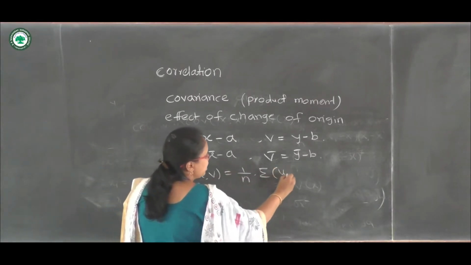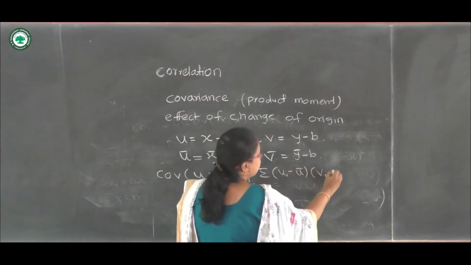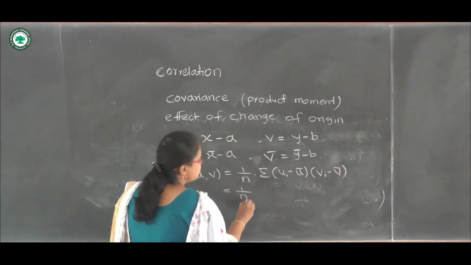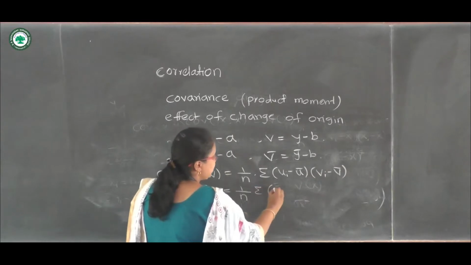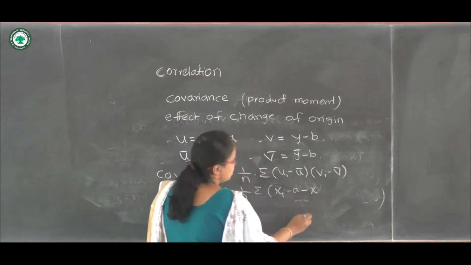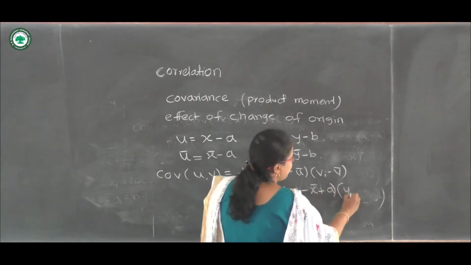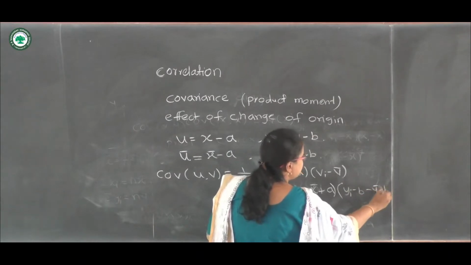of first variable minus its mean and second variable minus its mean. Let us put all the values of u, u bar, v and v bar here. We have xi minus a minus x bar plus a, and yi minus b minus y bar plus b.